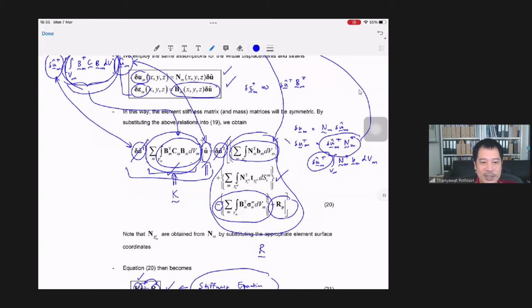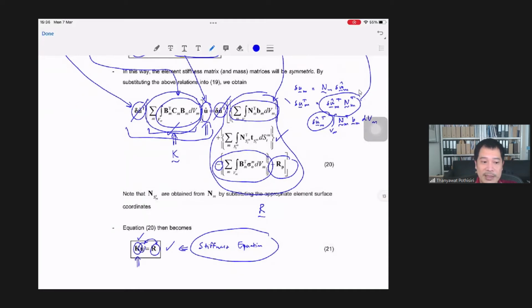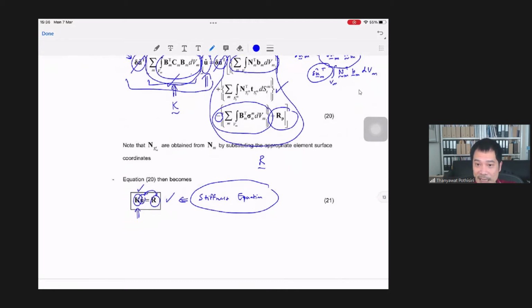So we can use the finite element approximation concept to write the virtual work equation, or the alternative form of equilibrium equation, and we can solve our system of equations in the same form of the stiffness equation that you have been using for the structural analysis problem.